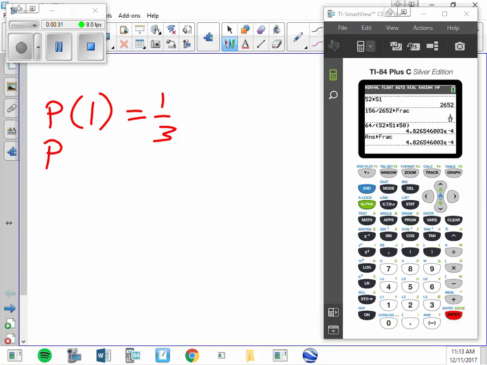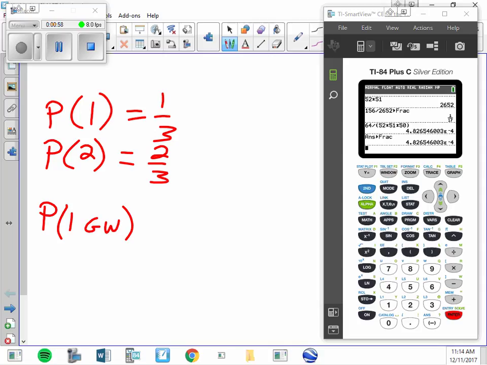What is the probability of 2? 4 out of 6, which is 2/3. To check for independence, we have to say, what is the probability of 1 given white? So some of you aren't paying attention. Watch this. Look up here, guys.